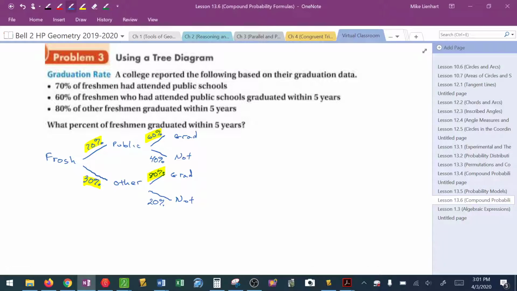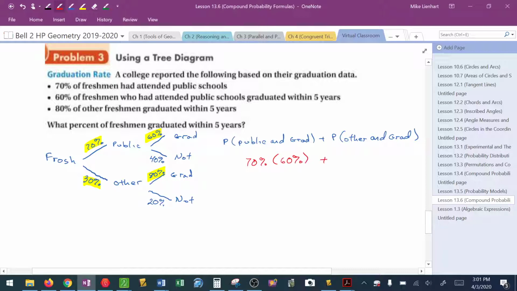So the way that I'm looking at this is I would say, what is the probability of public and grad, and I'm going to add to that the probability of other and grad. And the way that we are going to figure this out, and kind of gives it away, we're going to multiply these probabilities. So what do I know? I know the number that went to public was 70%, and those that graduated was 60%.